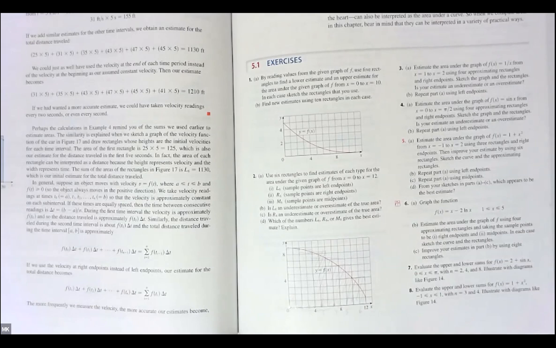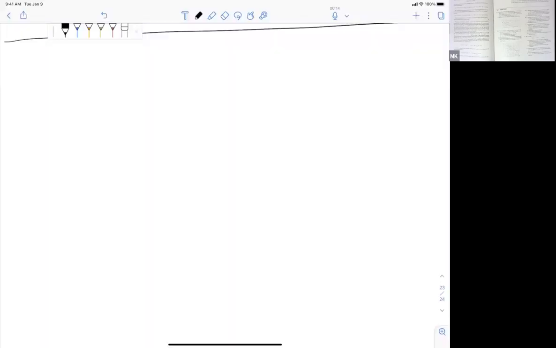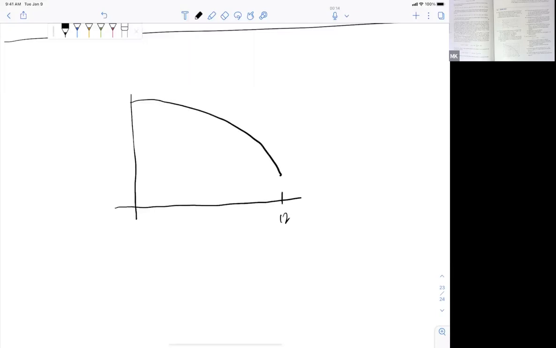So if I go to my screen here, what I have is a decreasing function that looks like this. I have values up to 12: 2, 4, 6, 8, 10, and let's say 12 is here actually. So 2, 4, 6, 8, 10, 12. And that's how I get the 6 partitions.